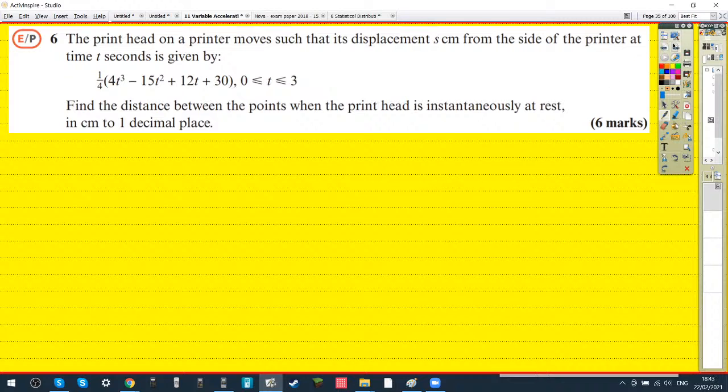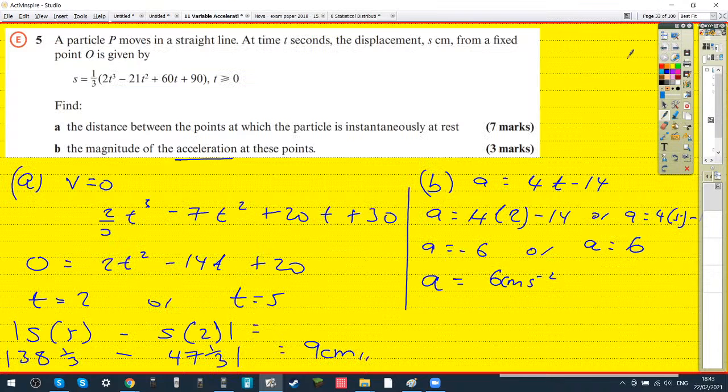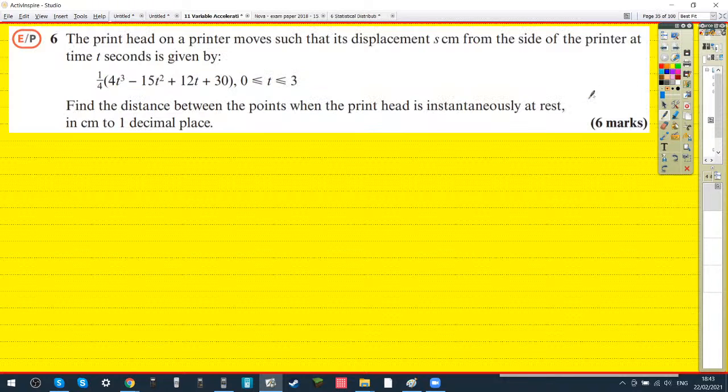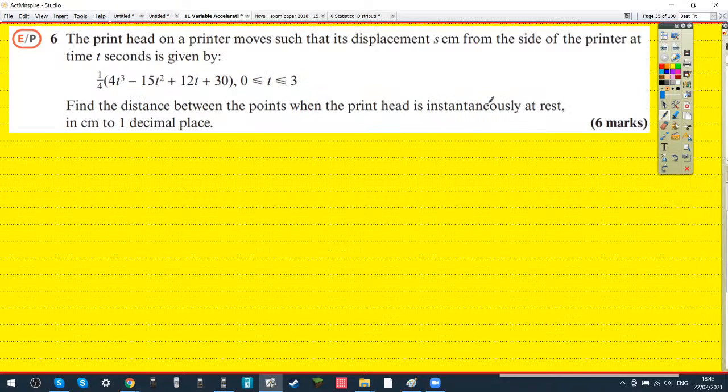No. For this one, you found the distance between the points at which the particle is instantaneously at rest. Yeah. This one, the distance between the points when the printhead is instantaneously at rest. Do I need to differentiate first? Yep. So that should start off that.